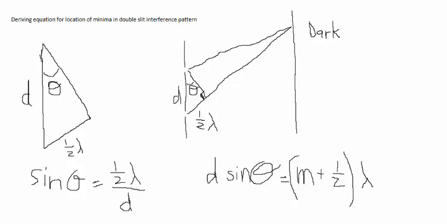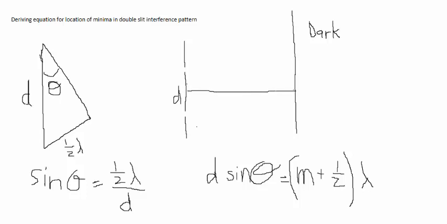Okay, now let's do a little handy trick to get a slightly simpler equation. We can make another triangle where one side is L, the length between the slits and the viewing screen. Another side we'll call y, which is the distance between the central maximum here and wherever we find a dark spot.